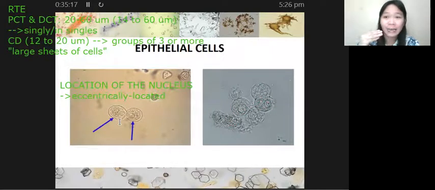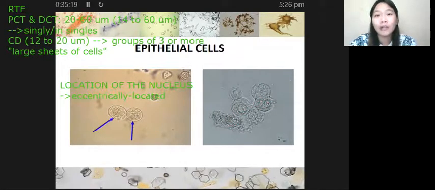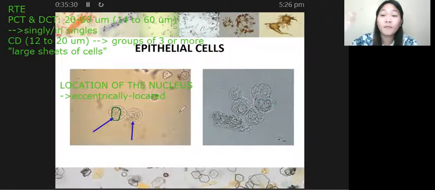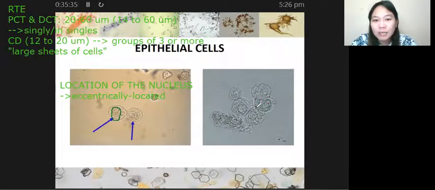It is off-center. Okay, so tignan natin yung mga images na nandito sa ating PowerPoint. So like for example, this one. O yan ang nucleus niya. Nasa gitna ba siya? Hindi. Nasa off-center siya. Nasa medyo gilid siya. Okay? So I think dito sa mga cells na to, mas halata na nasa gilid siya.